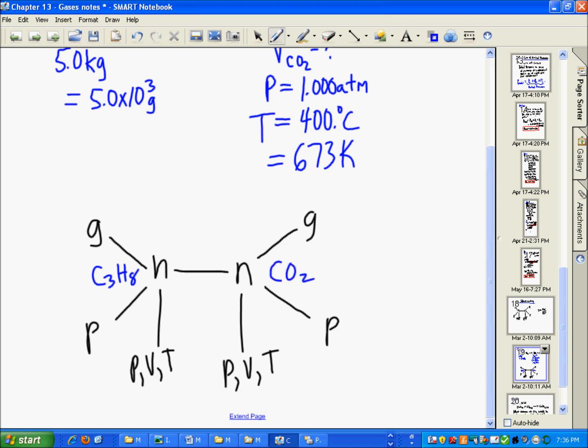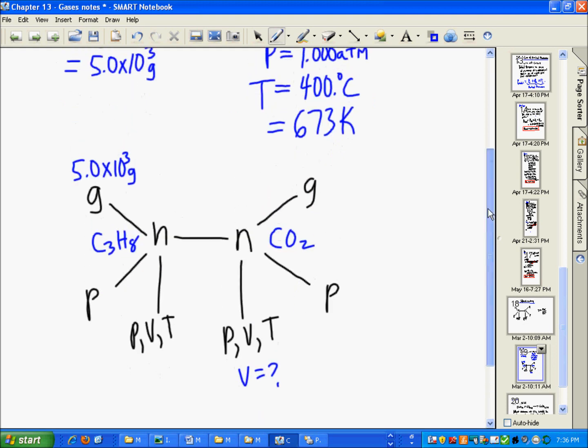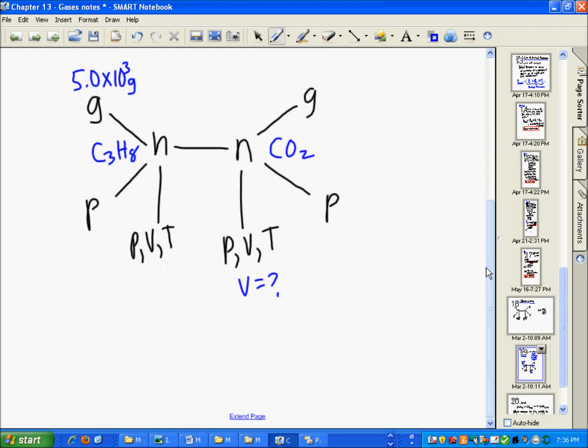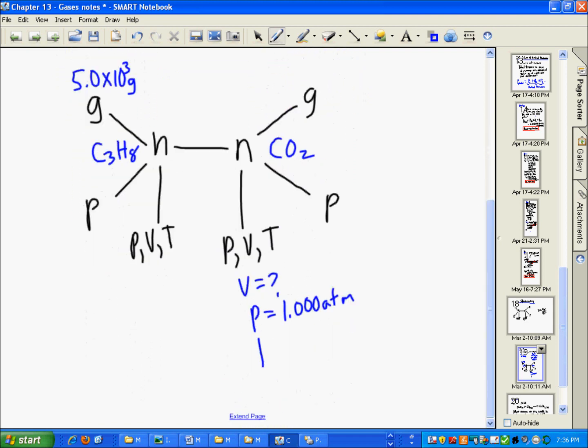The information that has been given is that we have 5.0 times 10 to the 3 grams of C3H8. We want the volume of CO2 for conditions of pressure equal to 1.000 atm and temperature of 673 kelvins.